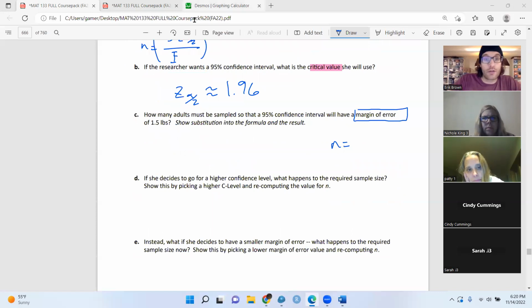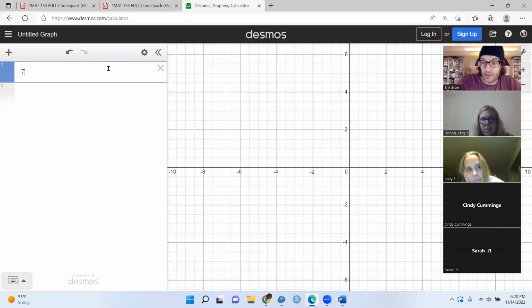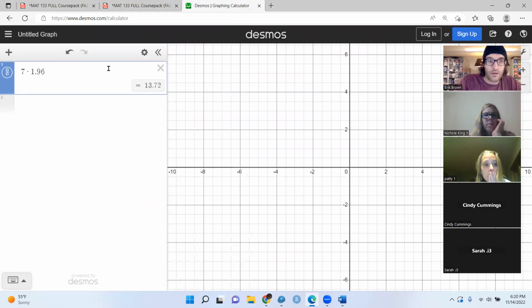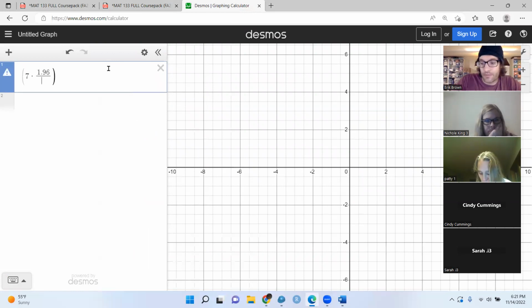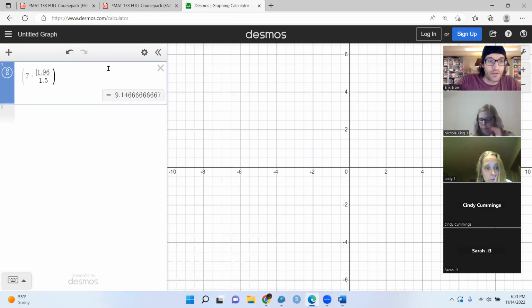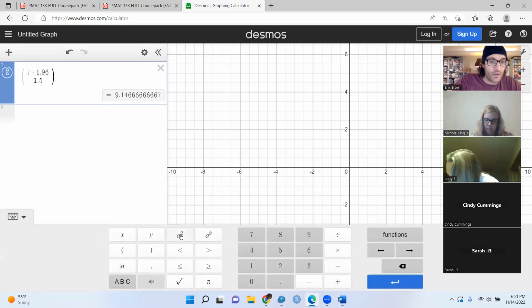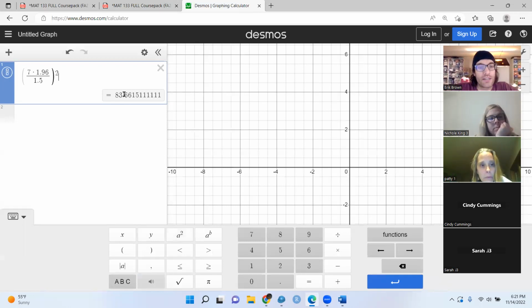Okay, so I'll just smash this in Desmos. 7 times 1.96, all that divided by 1.5. That was the margin of error. And then one thing that students often forget is the squared. Easy thing to do. So 83.666.